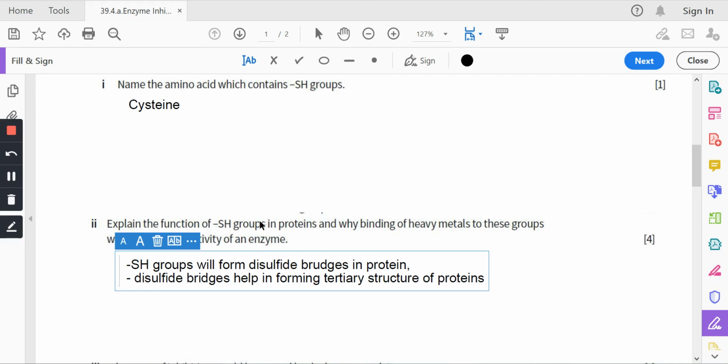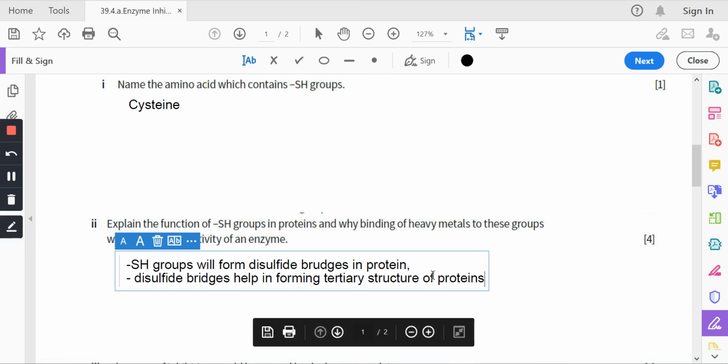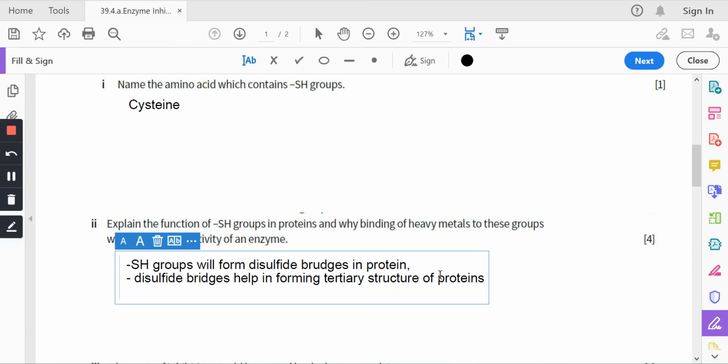So here your knowledge of proteins is going to be exercised. Disulfide bridges help in forming the tertiary structure of the proteins. Then I can come to the heavy metal part. Here I am going to say that heavy metals will affect the shape by directly binding to these sulfhydryl groups.